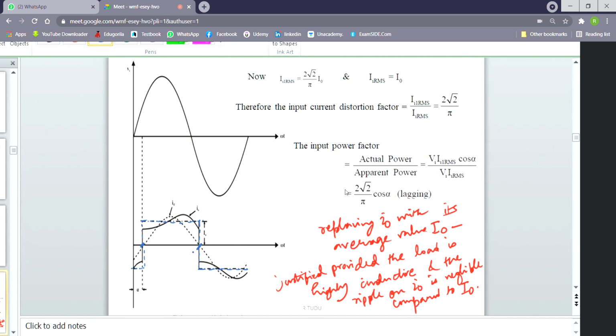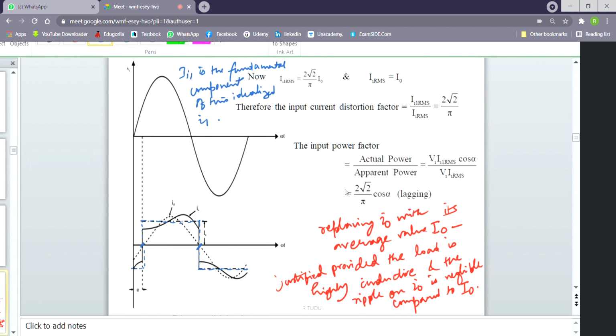So what we can say is that capital I1 is the fundamental component of this idealized I1.